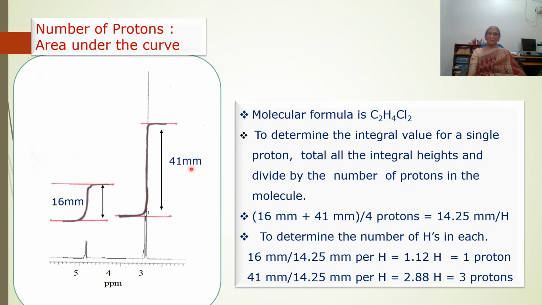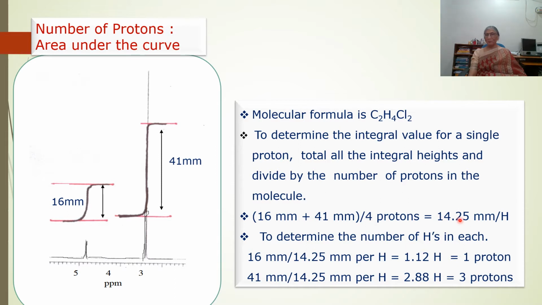It is given that this NMR spectrum is of a compound with molecular formula C2H4Cl2. From this data, we can determine the height corresponding to one hydrogen atom. For this, we add up the heights of the two integrals, that is 16 mm plus 41 mm, and divide by the number of protons, that is 4.